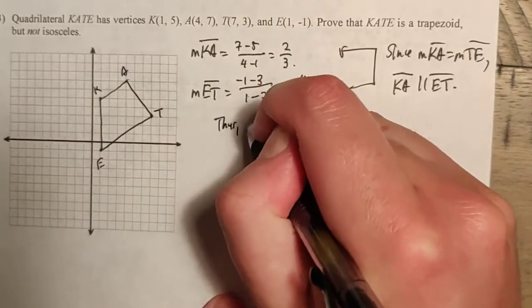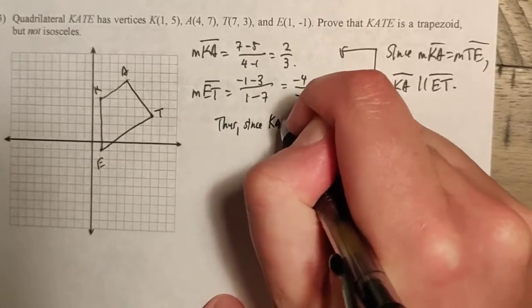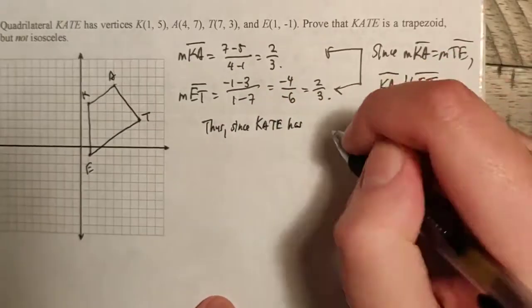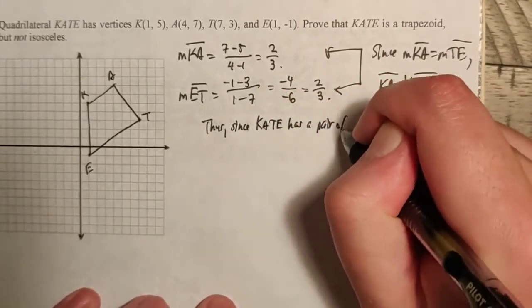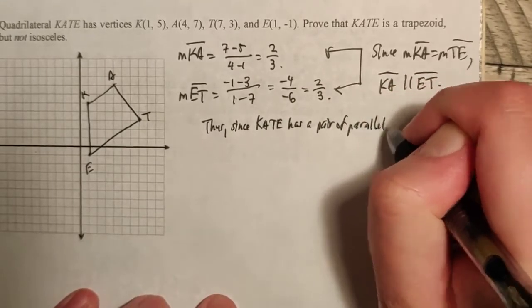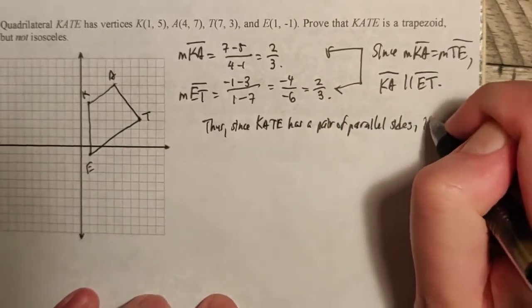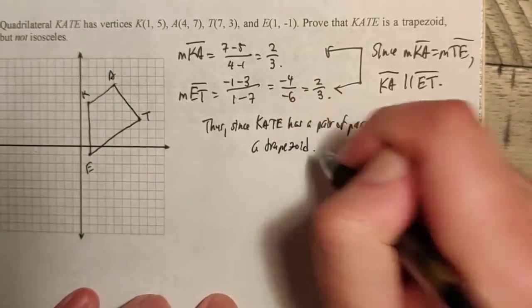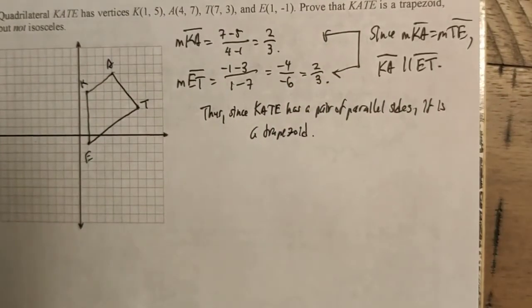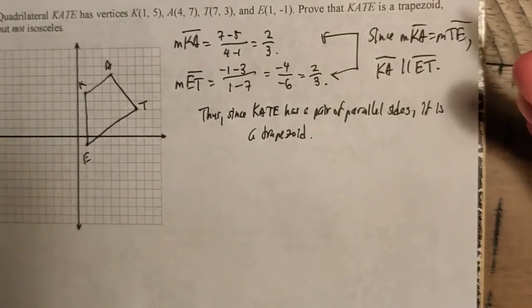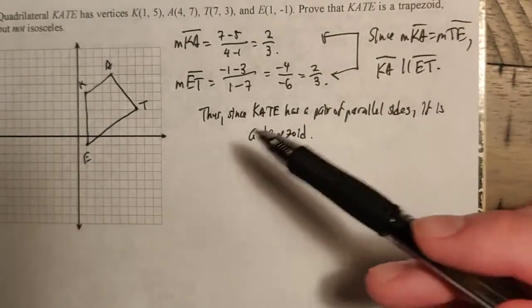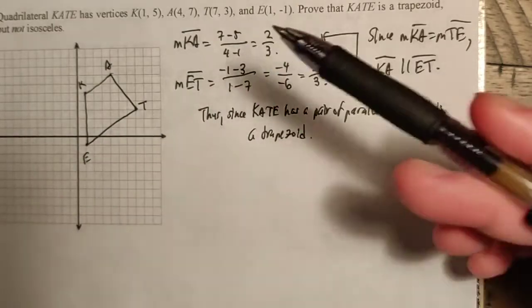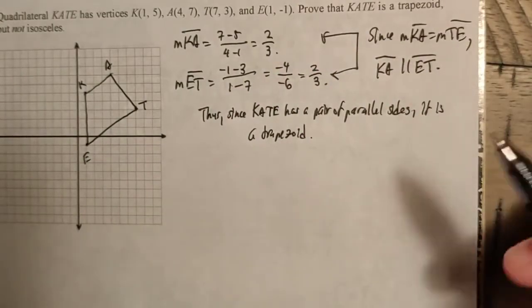Thus, since KATE has a pair of parallel sides, it is a trapezoid. Now note that this uses the inclusive definition. If we wanted to use the exclusive definition, we would not only have to show this, we also would have to show the other two sides are not parallel to one another, and that's okay.